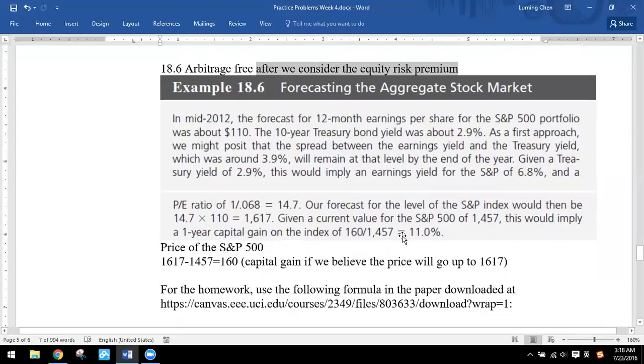So how do we get this number? This is the valuation we have, which is our expectation of the S&P 500 price.